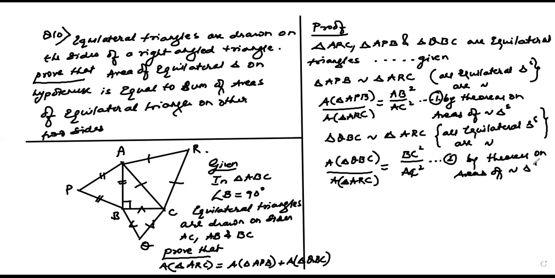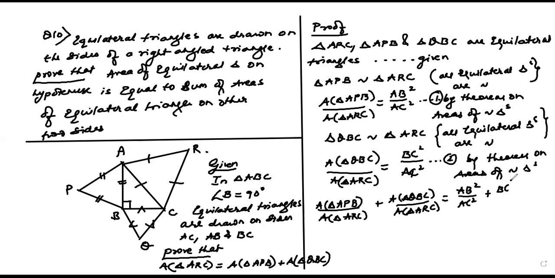Now, I've used my common sense, children. I'm going to add: area of triangle APB upon area of triangle ARC plus area of triangle QBC upon area of triangle ARC is equal to AB square upon AC square plus BC square upon AC square.